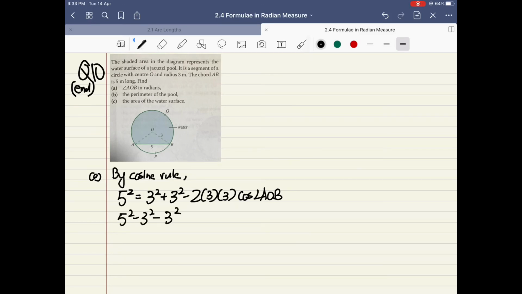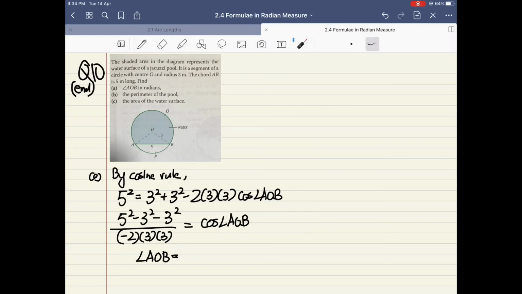So if I start to shift things around, I will find that 5 square minus 3 square minus 3 square divided by negative 2 times 3 times 3 equals cosine angle AOB. Then angle AOB is inverse cosine of this whole value here. Then what you will get is angle AOB is 1.970 radians.